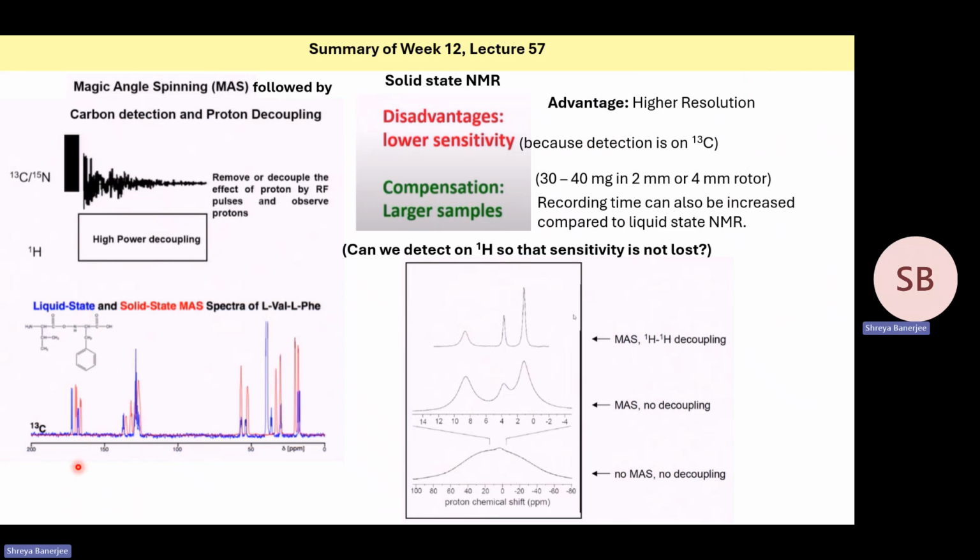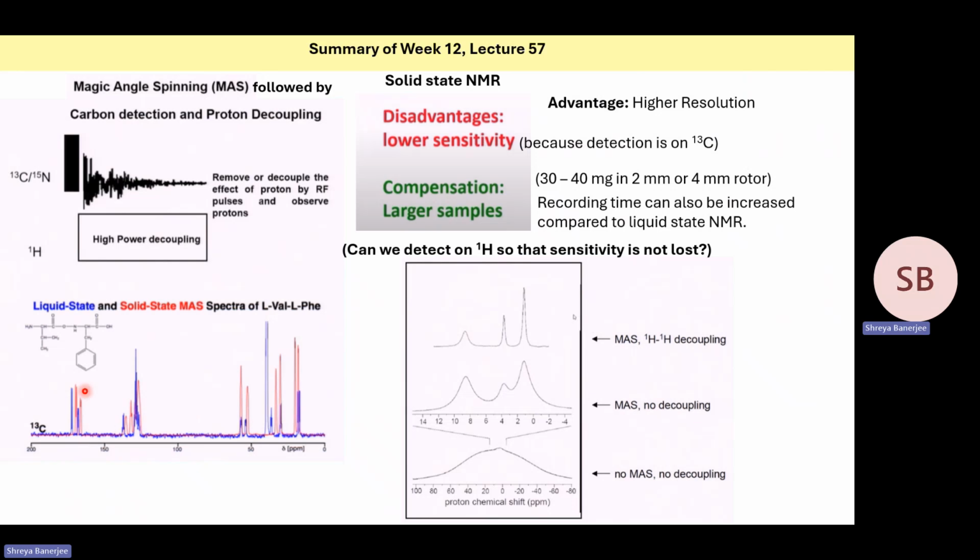The liquid state is shown in blue, the solid state is shown in red. You can see both are giving very sharp, well resolved peaks. So using these techniques, you have managed to gain higher resolution. This is only with magic angle spinning.